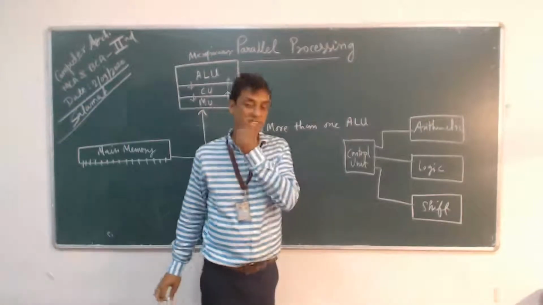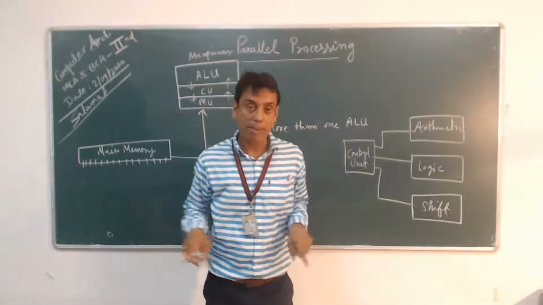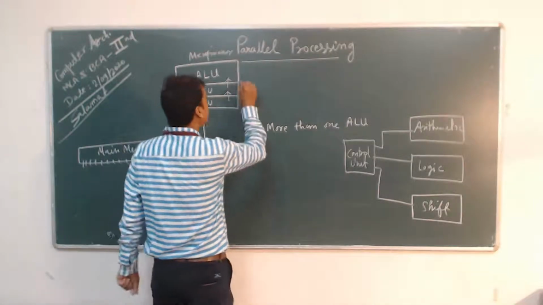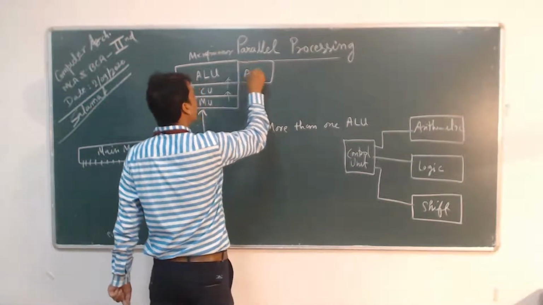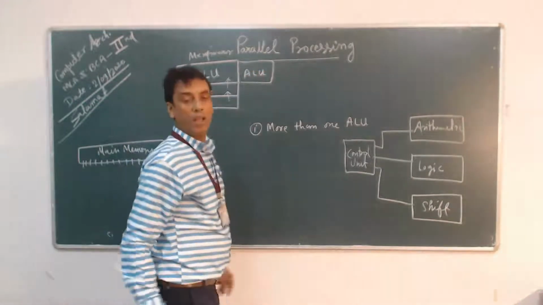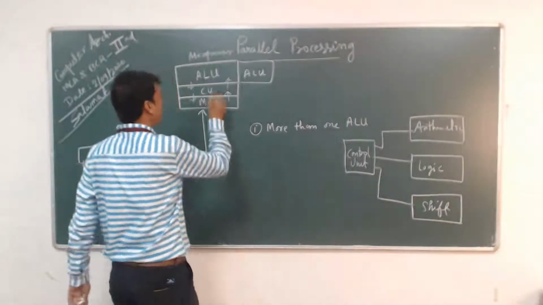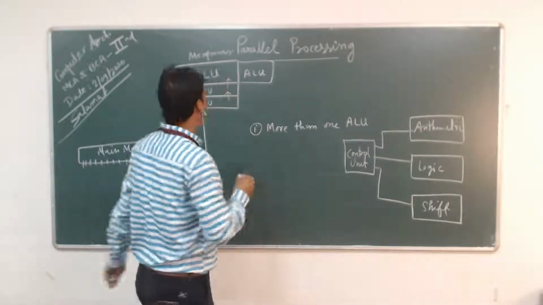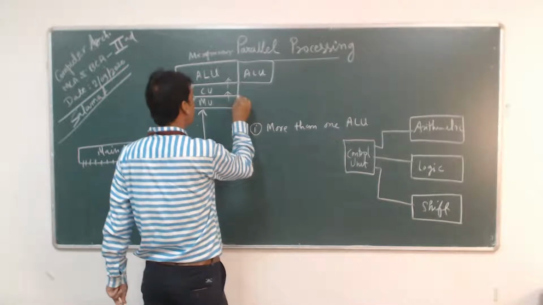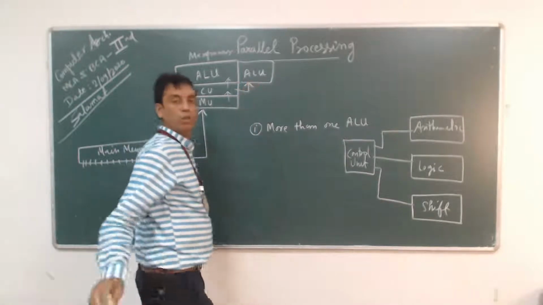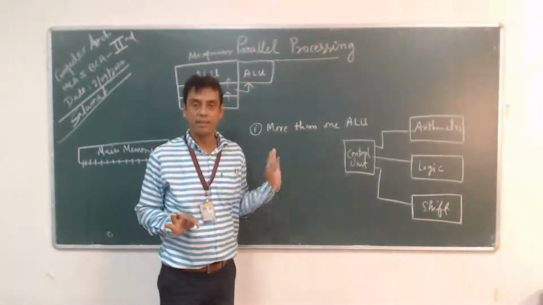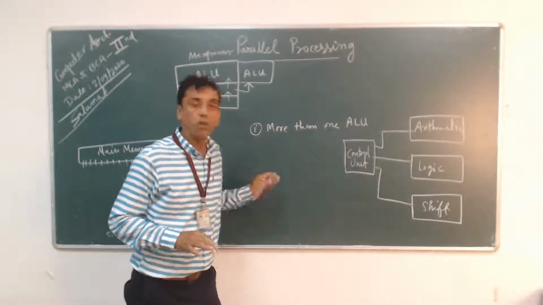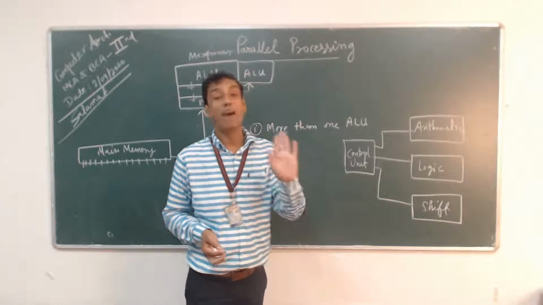Look at the point. This is one possibility. Inside the microprocessor, we have only one ALU. If we add one more ALU, one instruction is sent to this ALU to get processed, and another instruction is sent to the other ALU to get processed. Right? This is one possibility.